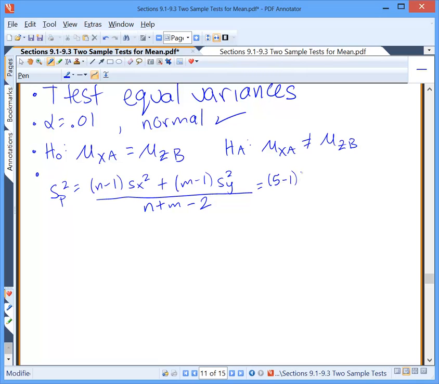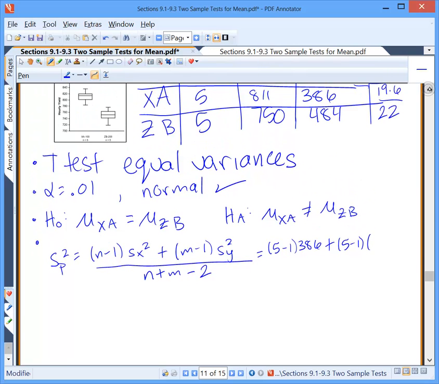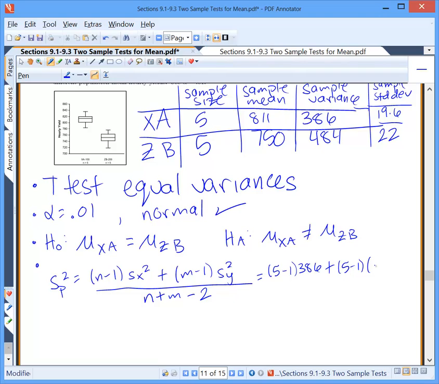So 5 minus 1 times the first variance, which is 386, plus 5 minus 1 times the second variance, 484, all over n plus n minus 2, so 5 plus 5 minus 2. And this gives me 435.